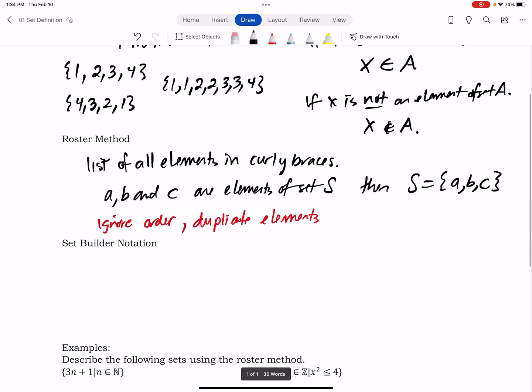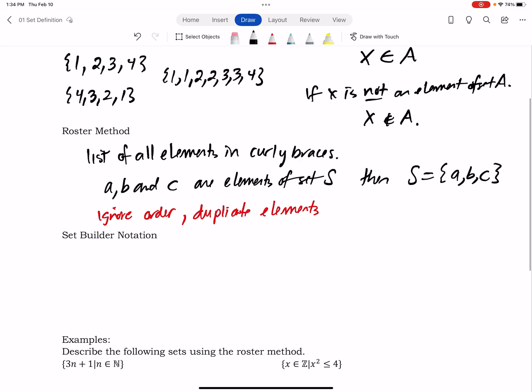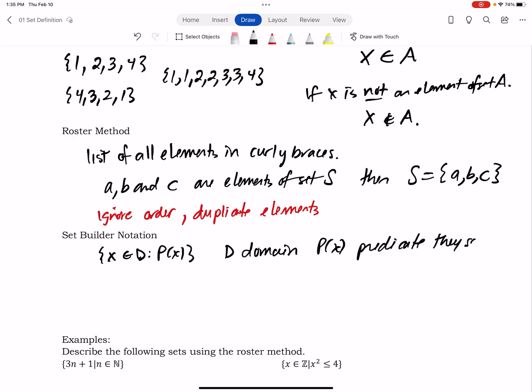So when we do set builder notation, we sort of describe the elements that are in the set. And so we could say {x in D such that P(x)}, where D is the domain I'm picking my elements from, and P(x) is the predicate that they satisfy. So think about your predicate logic that we did.